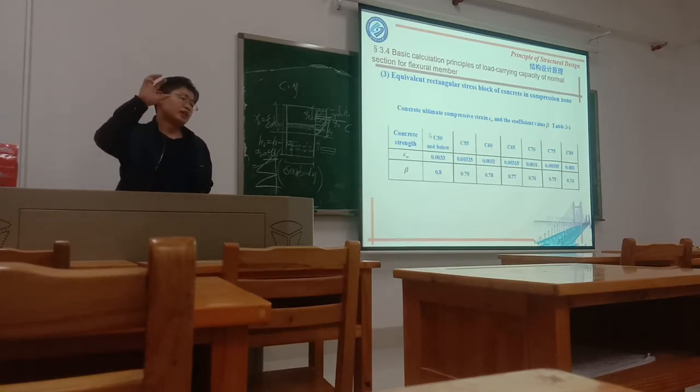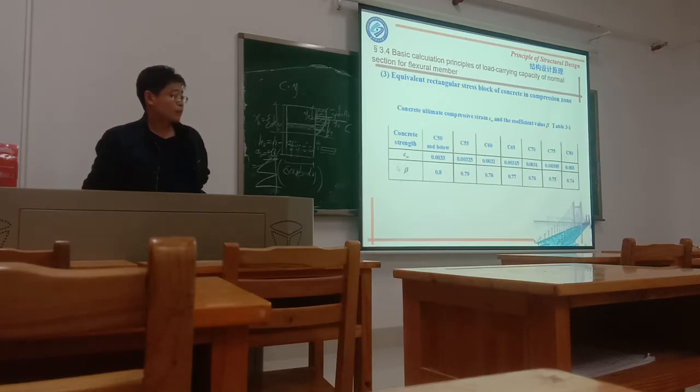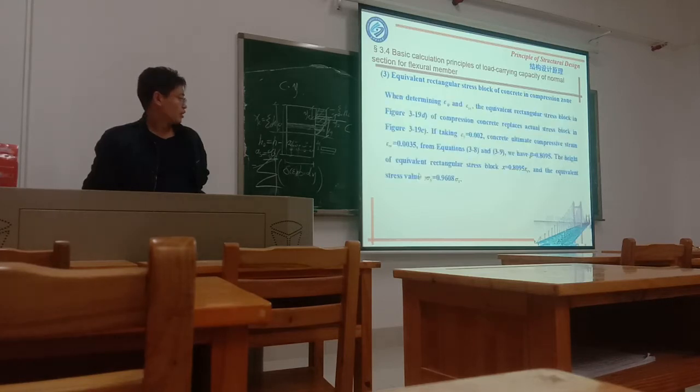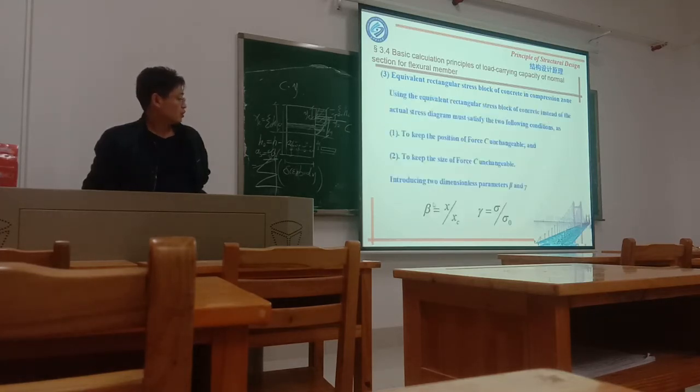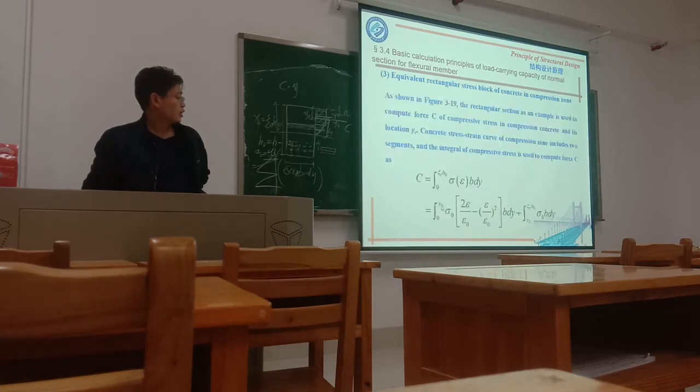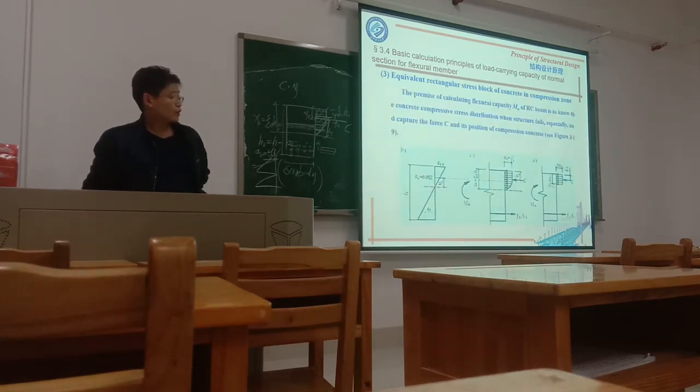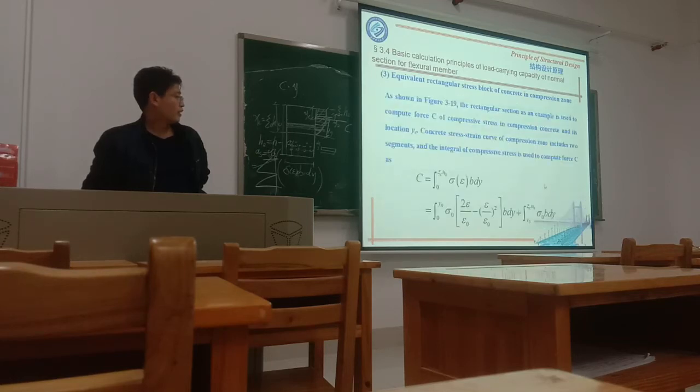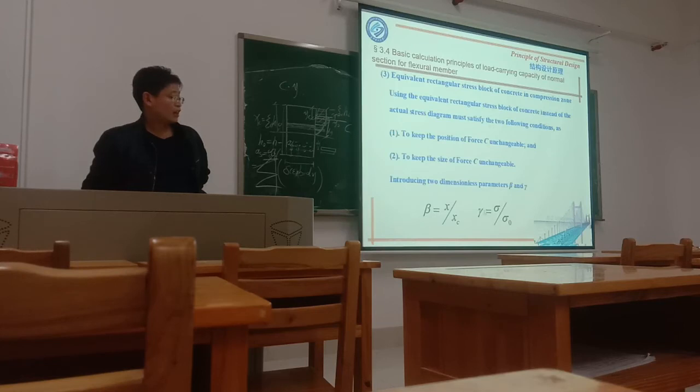Once you determine what concrete you use, whether it is C50 or C60, then you can directly get the value of beta. Once you know beta, what do you know? That means you know the distribution of the equivalent rectangular block. Once you know beta, then you know the x, because x equal to beta xc. And once you know beta, then you get gamma.